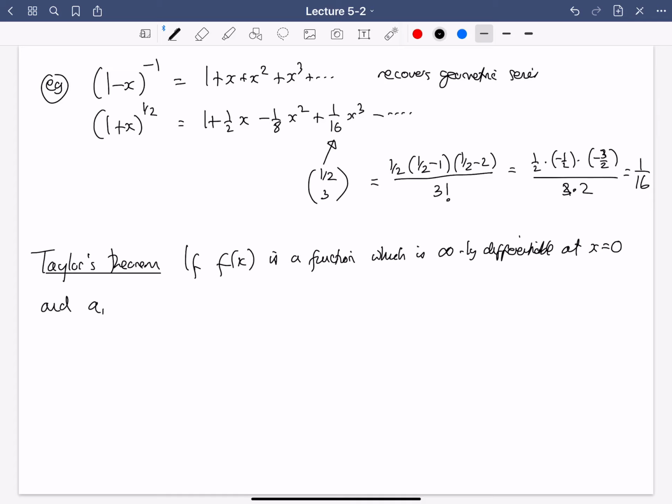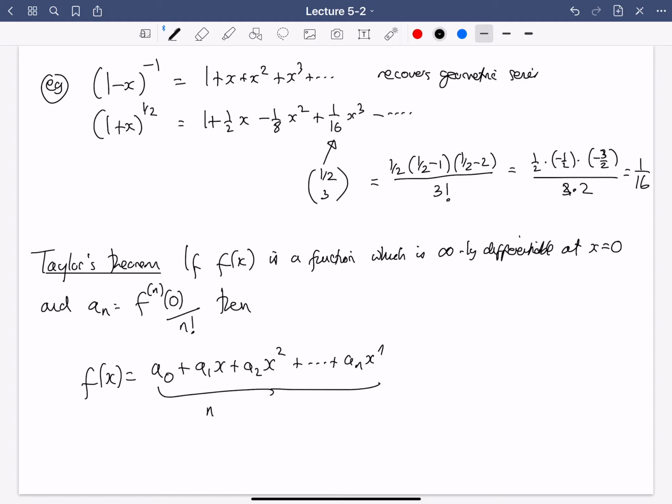and you let a_n be the nth derivative at 0 over n factorial, this formula we've been seeing from these power series, Taylor's theorem tells you that actually the function f of x, the value of f at x, is equal to this polynomial, which is called the nth Taylor polynomial, plus some error.